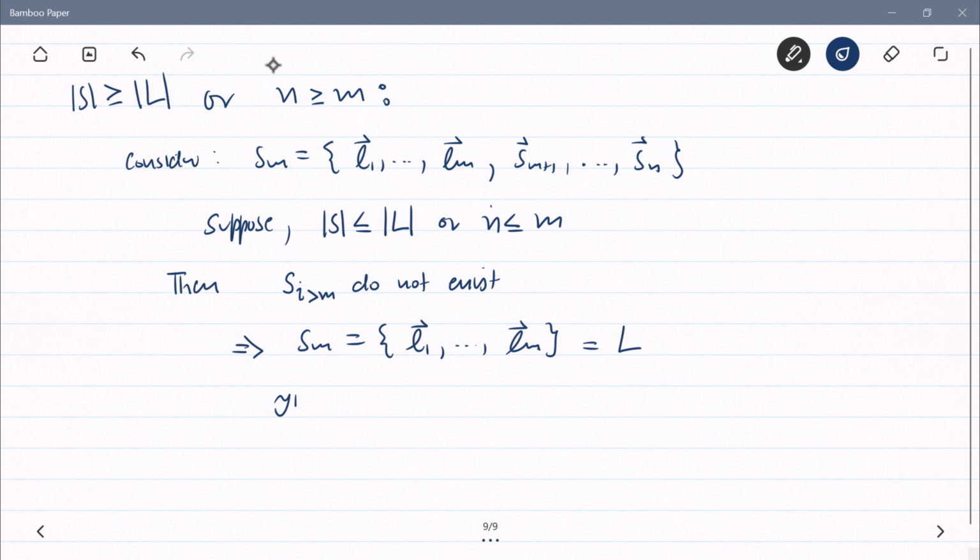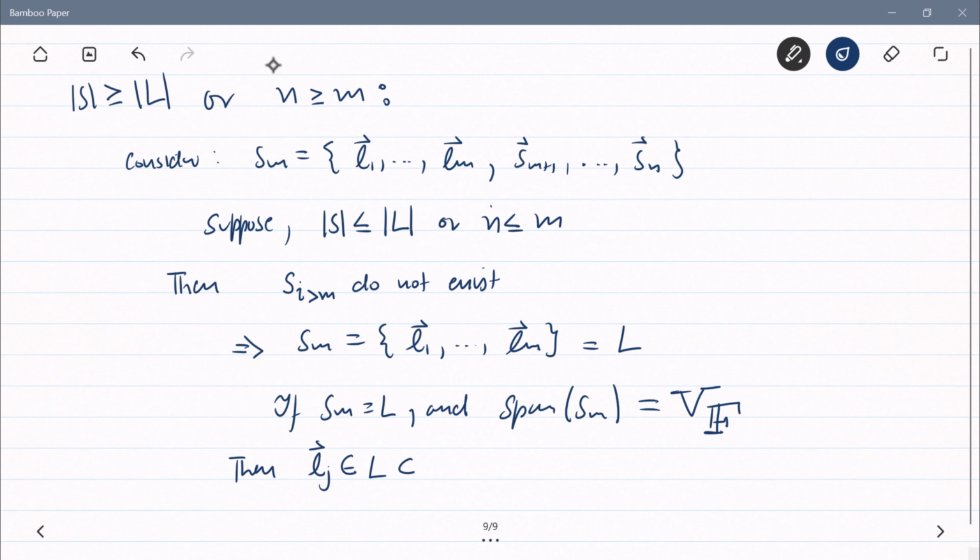Now, if S sub m is L, and we know something about this S sub m, that span of S sub m is equal to V of F. Then any L sub j, which would be an L which is a subset of V, can be written as a linear combination of the elements of this.